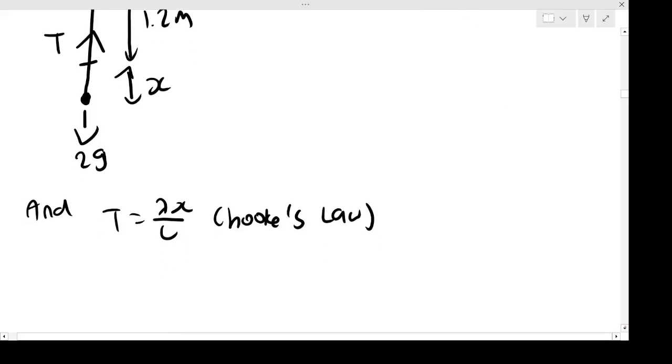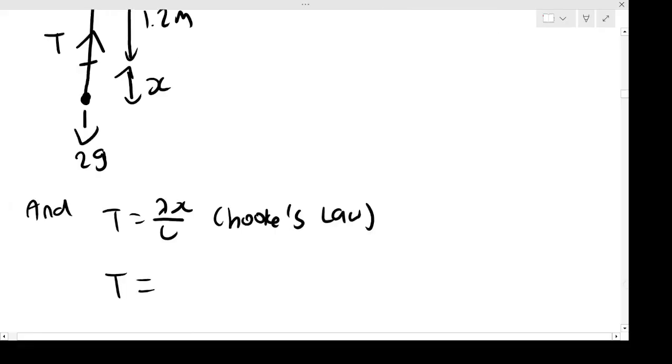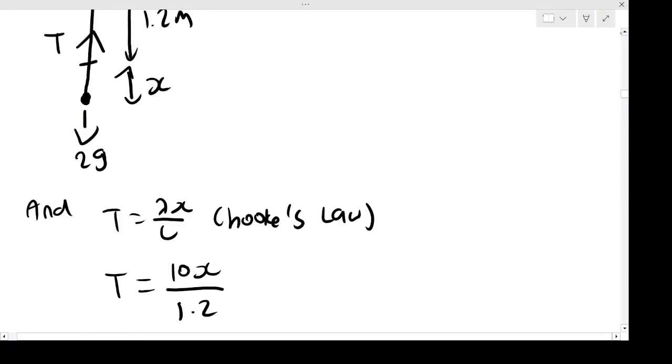So T is going to be lambda x over L. The modulus of elasticity is 10. I still don't know my extension, and the natural length was 1.2. In order to find x, I'm going to have to find the tension.